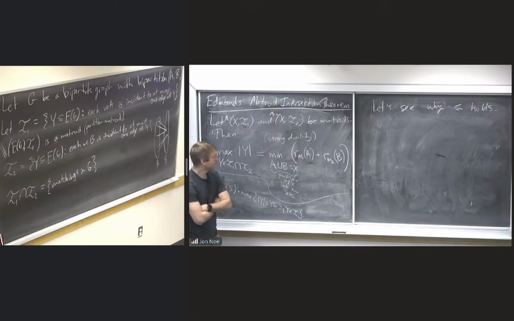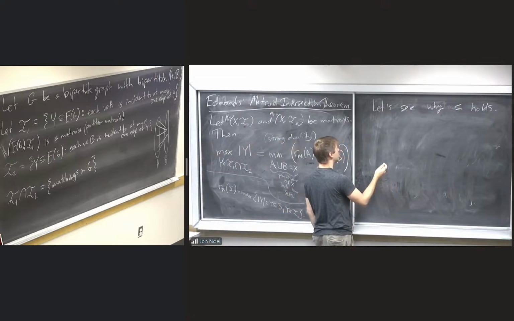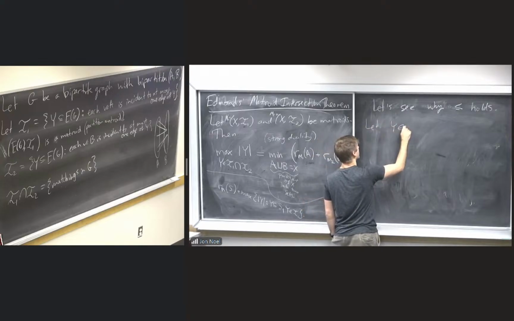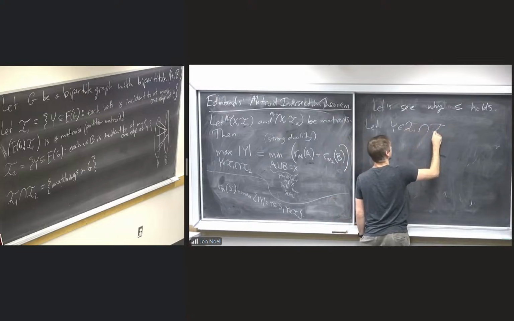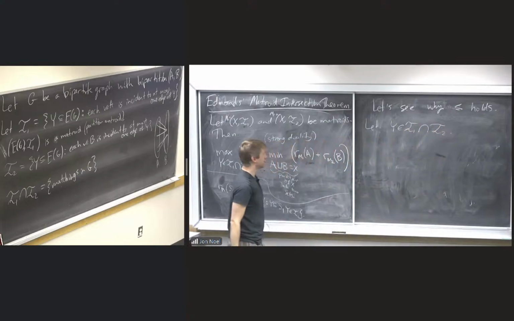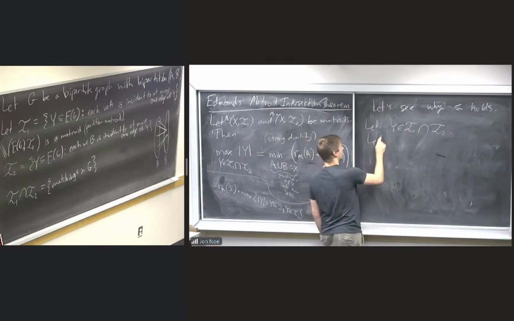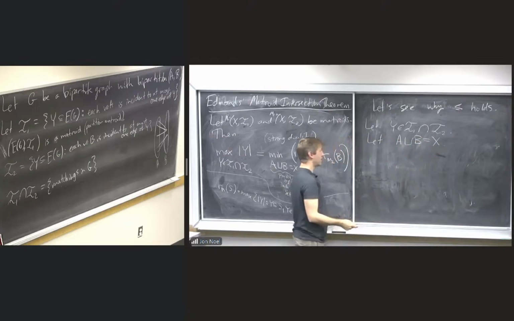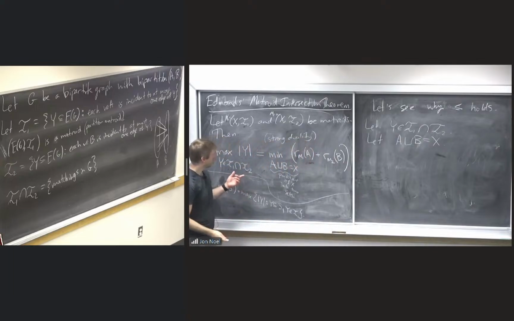So, let y be in both of these things, and let A, B be a partition of X. To show that the max of this is at most the min of that, I just have to show that for every independent set and for every partition, the size of y is less than or equal to that.